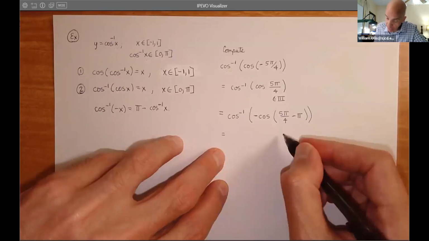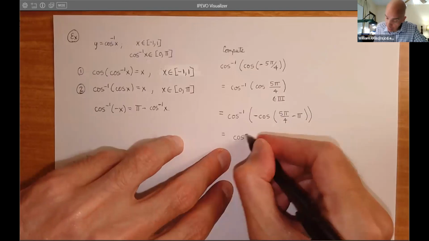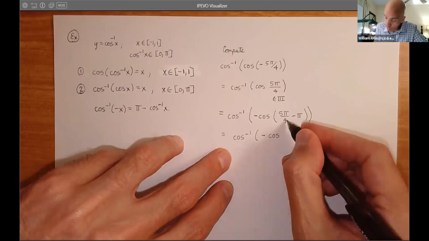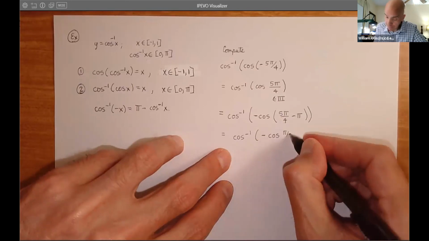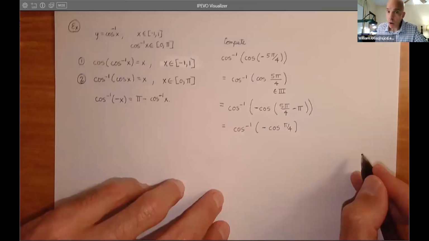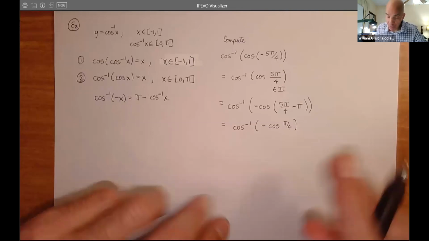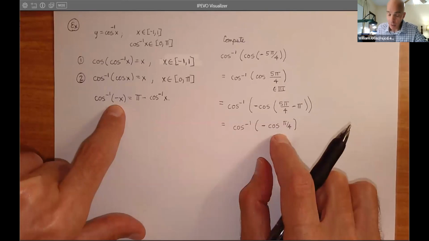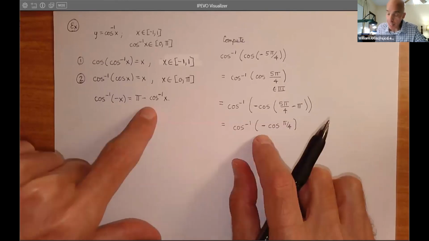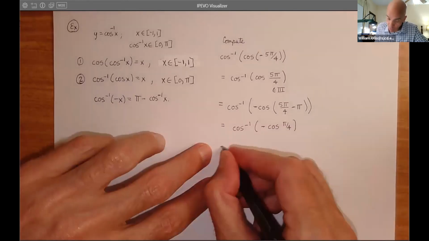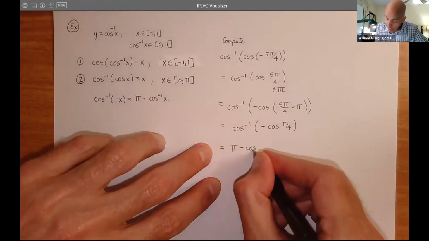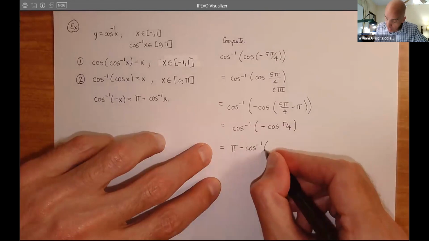And so now we have inverse cosine of the negative cosine of what? Pi over 4. Well, we're almost done. Now we have the inverse cosine of a negative argument, so we use this identity. So this will be pi minus inverse cosine of cosine of pi over 4.